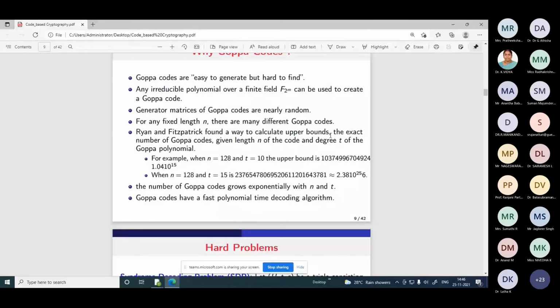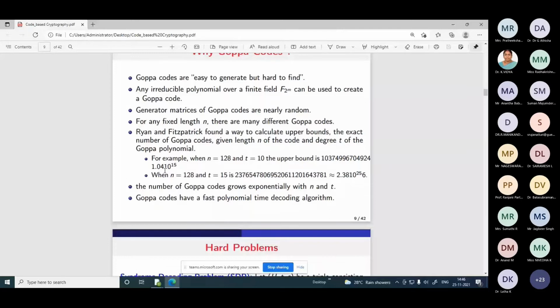Look at here, for n equal to 128 and t equal to 10, where the error correcting capacity is 10 and the length of the code word is 128, it is 1.04 times 10 to the power 15.